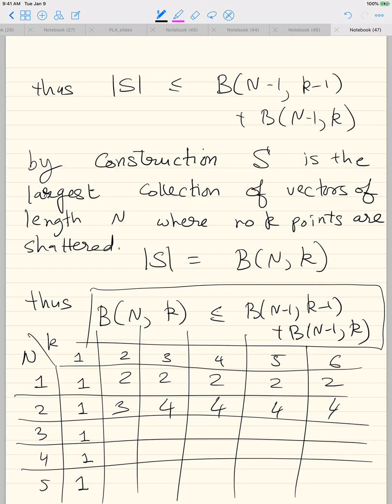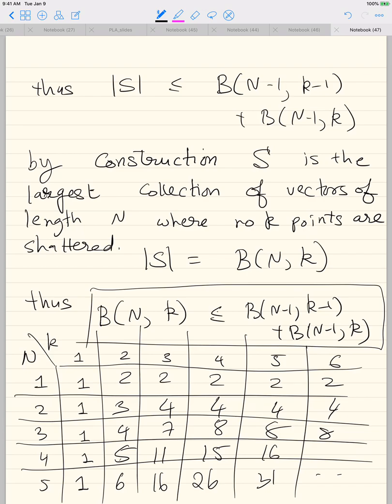And likewise, here it's the sum of these two. And you can continue. This one here is less than the sum of these two, and so on. So this is how you can fill up the table recursively. All of these are upper bounds. They're not exact necessarily, but this is how you can recursively compute.